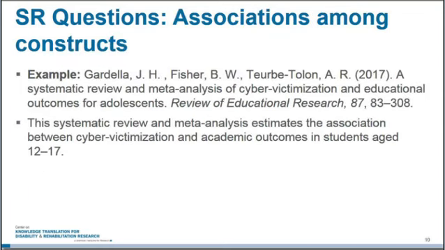Okay. You might also have a systematic review question that's interested in the associations among constructs. So this is a systematic review that looks at the correlation between having been exposed to cyber victimization and academic outcomes for students ages 12 to 17.